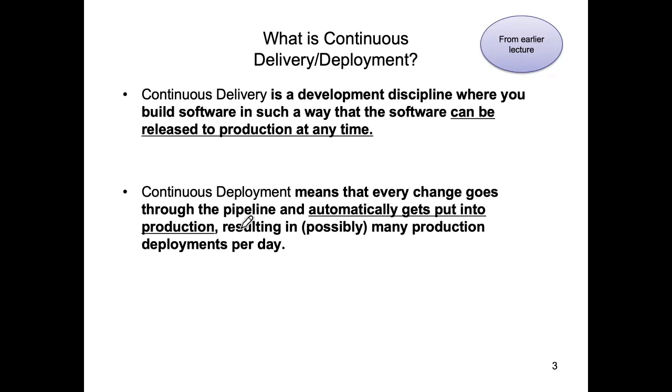Whereas in a continuous deployment environment, every time your CI pipeline runs, the new version of the web API is deployed to production automatically.